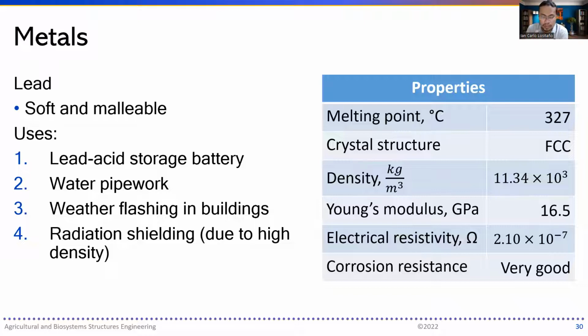It's a hazardous metal in the air for humans, again causing that sterility. You have also your weather flashing in buildings, radiation shielding due to high density. Very high density at 11.34 times 10 to the 3 kilograms per m cube. A melting point quite low at 327 degrees Celsius. Crystal structure is FCC. You have your Young's modulus, electrical resistivity, and corrosion resistance.